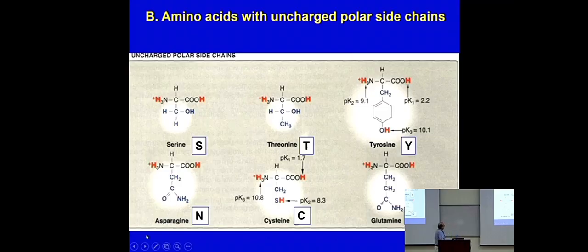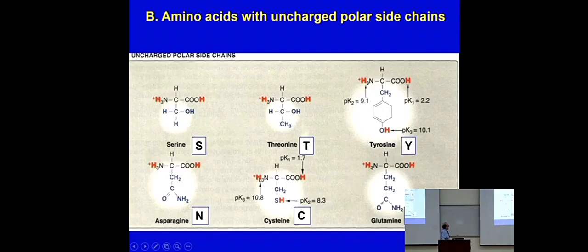Then in the bottom, I'll look at asparagine has a carboxyamine, and glutamine has a similar group. They're really very similar. This is slightly longer. So asparagine, glutamine, both have polar side chains because of the carboxyamine. The last one is a very important amino acid called cysteine.